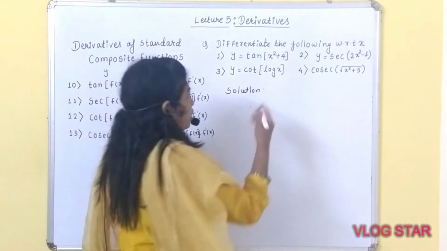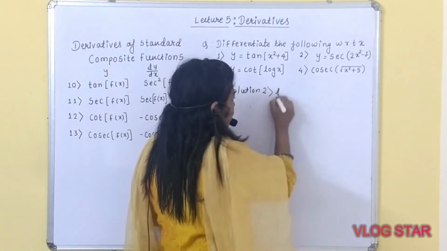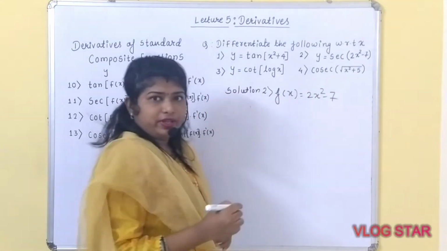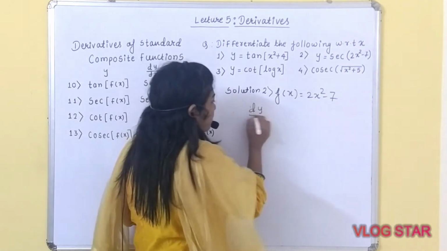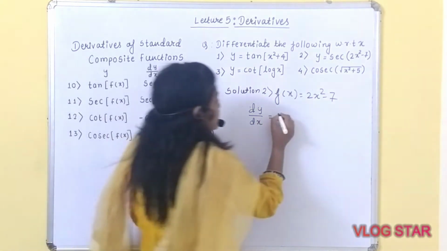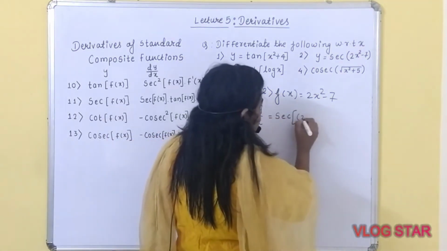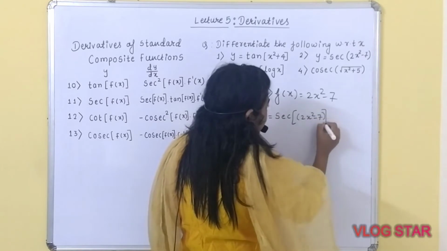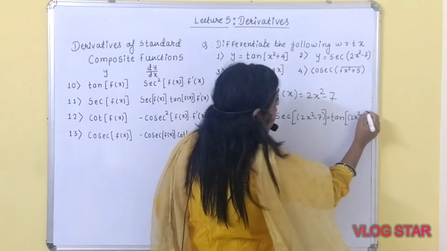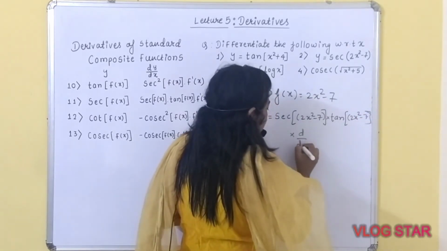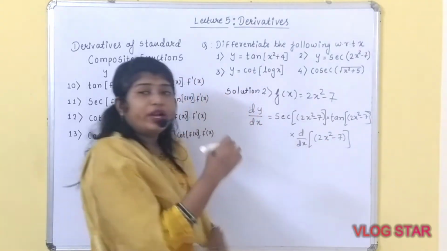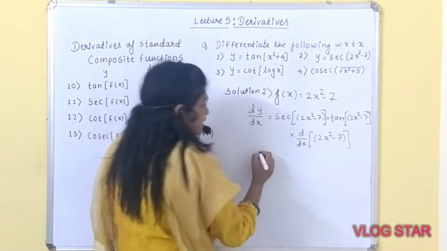If you take the derivative of that function, it is given by this formula: sec of f of x, that is 2x square minus 7, into tan of 2x square minus 7, into the derivative of f of x, that is of 2x square minus 7. So what is the derivative of 2x square minus 7?